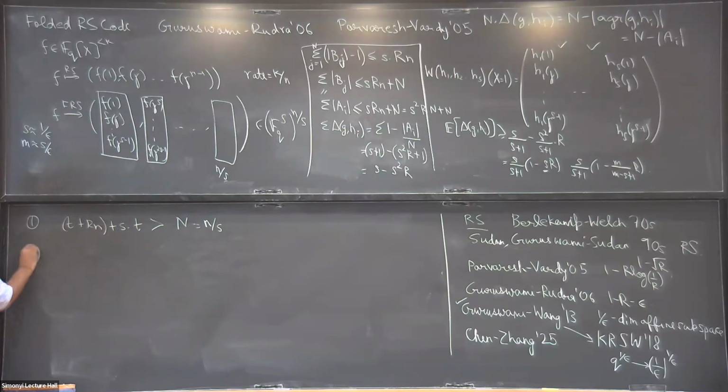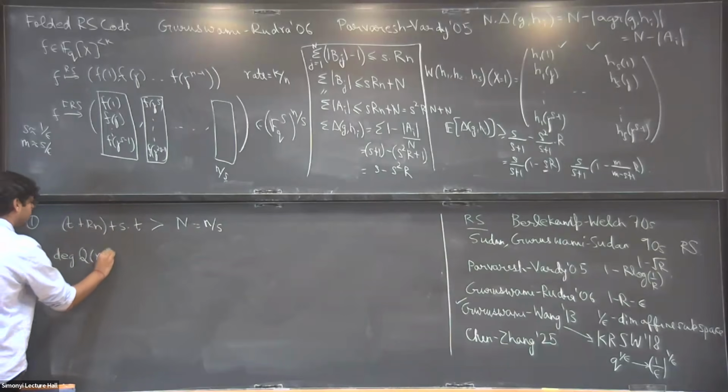The second one will say how many. So we look at this Q(X, H(X), H(gamma X)). As Avi said, this is a univariate polynomial. What is its degree? Its degree is going to be T plus Rn, the degree of Q after I substitute.